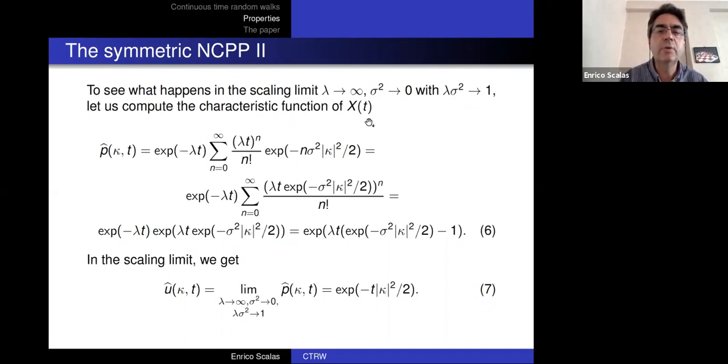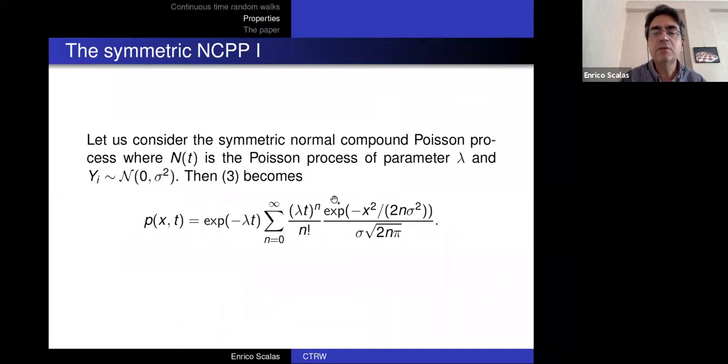What we can start doing is computing the characteristic function of x of t. This is the Fourier transform of the previous formula, and again you have all the convergences, series with positive terms, etc. You just put the expectation inside the infinite sum, and you just compute the characteristic function of this object here.